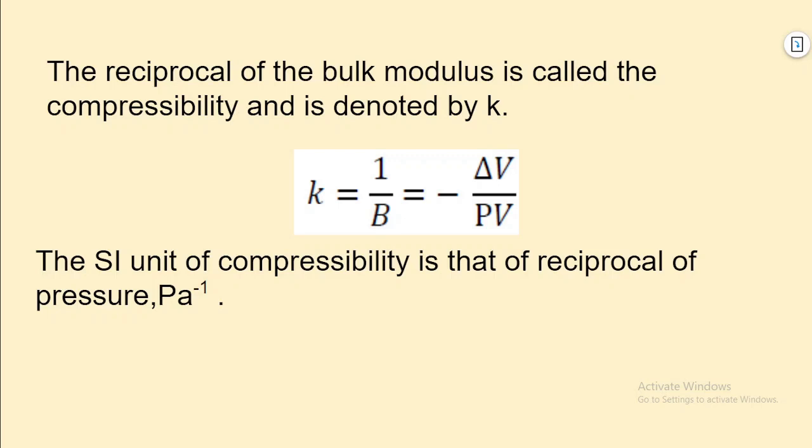Materials with a small bulk modulus have larger compressibility and are easier to compress. Now what is the unit of compressibility? It is the reciprocal of pressure, so the unit of compressibility is per Pascal.